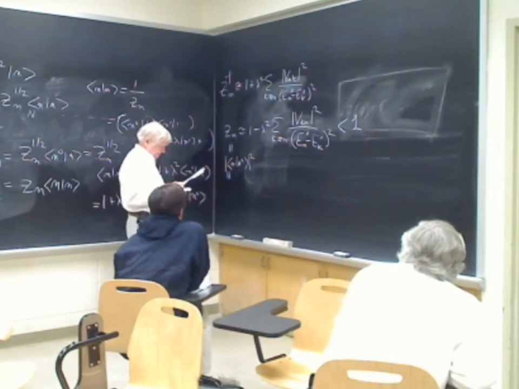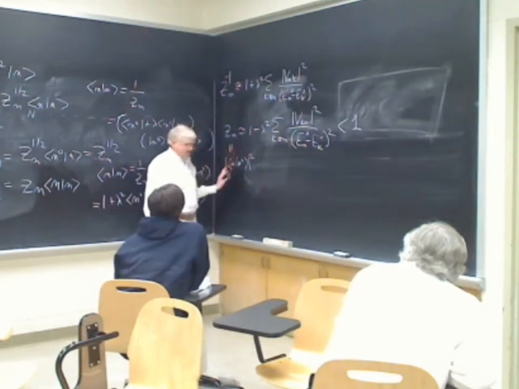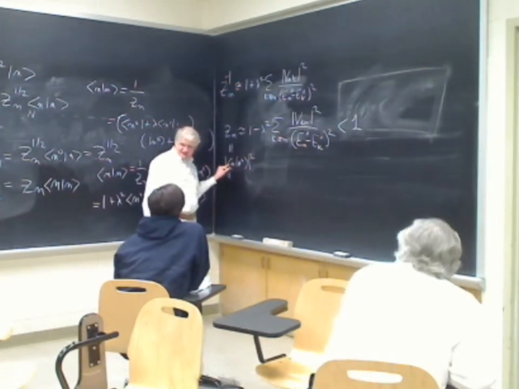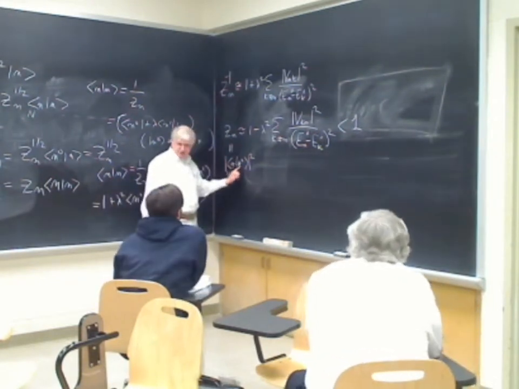And so the stronger the coupling is, the more n0 leaks out into, or the more the other levels have to come to play a role in the exact eigenstate. So the stronger the coupling, the more other states, and the less the contribution of n0.